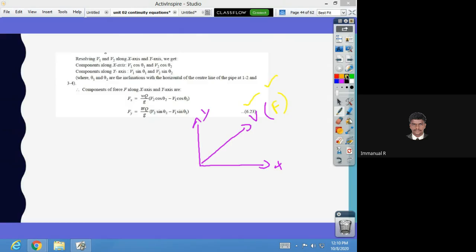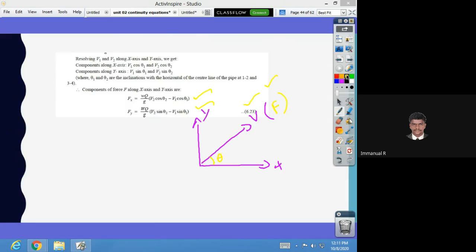The methods for resolving forces are applicable to the methods for resolving the velocity. So components along the x-axis: V1 cos theta and V2 cos theta. In the y-axis: V1 sin theta and V2 sin theta. We just replace these for Fx and then Fy.